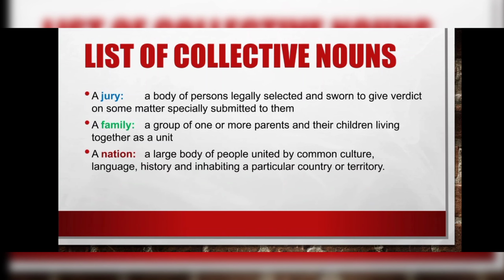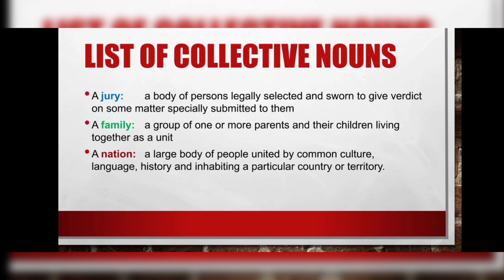Next, a nation: a large body of people united by common culture, language, history, and inhabiting a particular country or territory. For example, we say that this nation is really very patriotic.